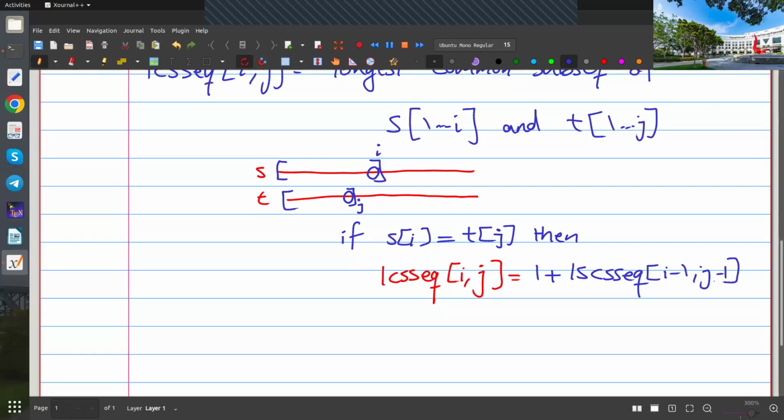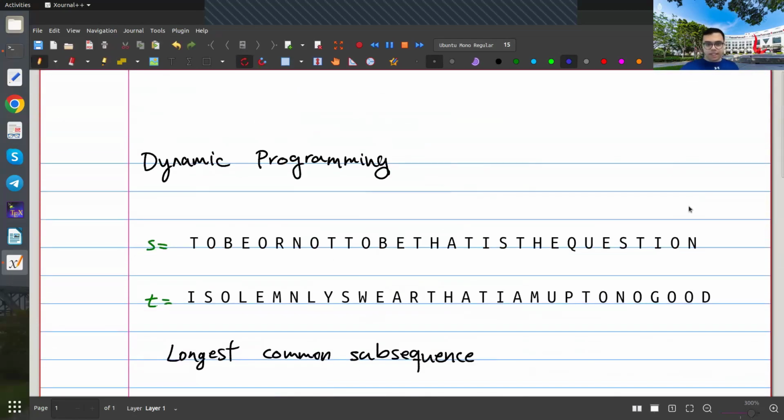But what if they don't match? So basically, all I'm saying here is for the case that they do match.